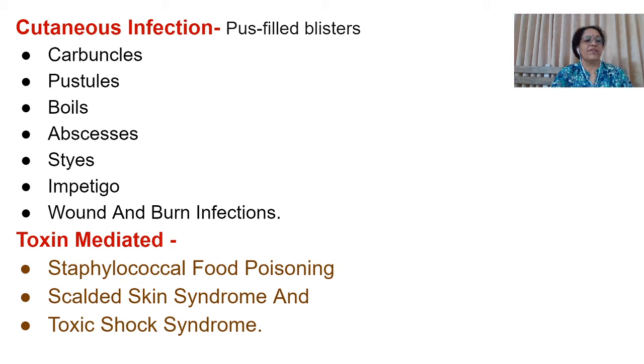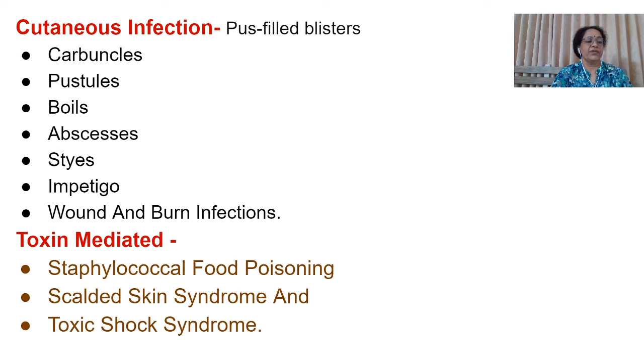When pus forms in these boils and spreads beneath the skin, abscesses form. Sometimes they may infect the conjunctiva, and one can see styes also, that is, infection of the conjunctival eye lining.